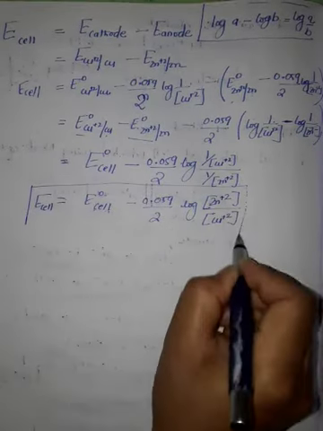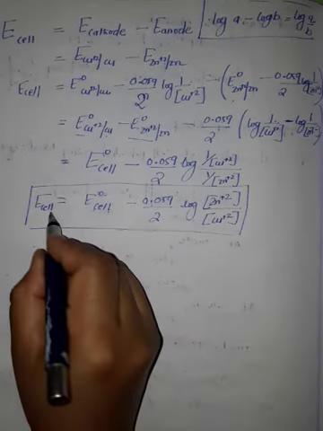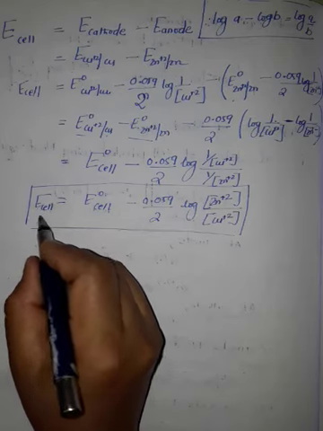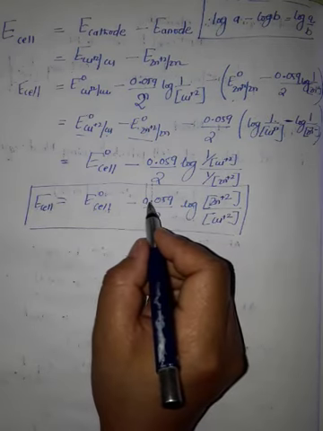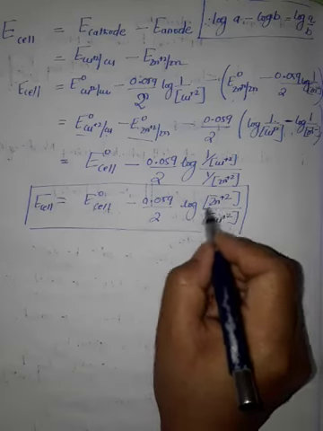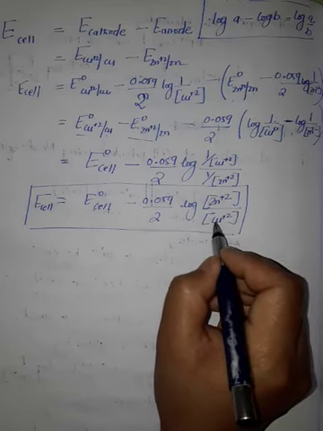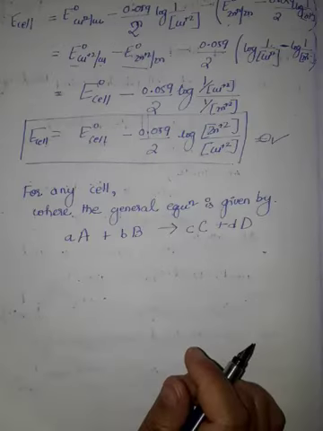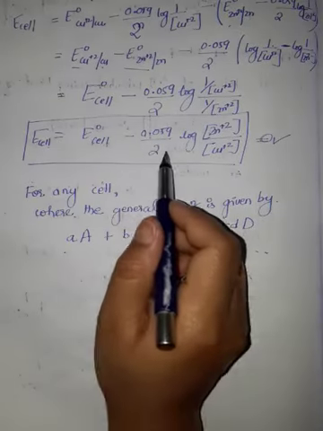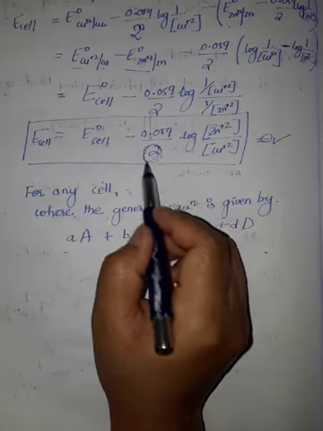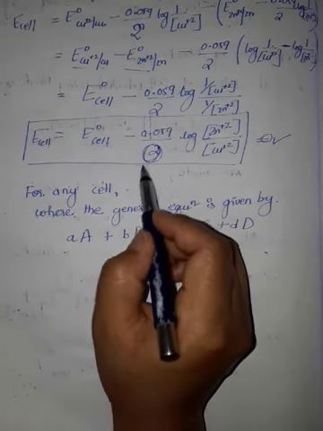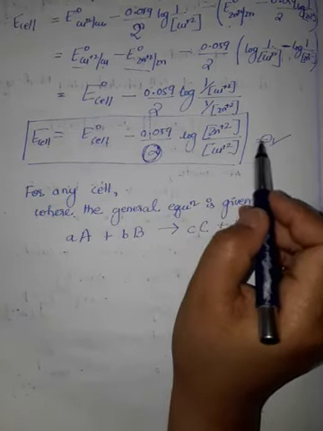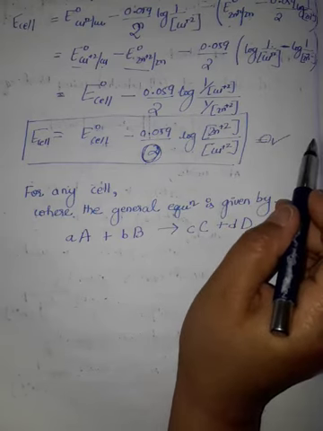This is the cell potential of a galvanic cell at any concentration of the electrolyte. This is the Nernst equation for a galvanic cell, where 2 is the number of moles of electrons exchanged, and this is at 298 Kelvin.